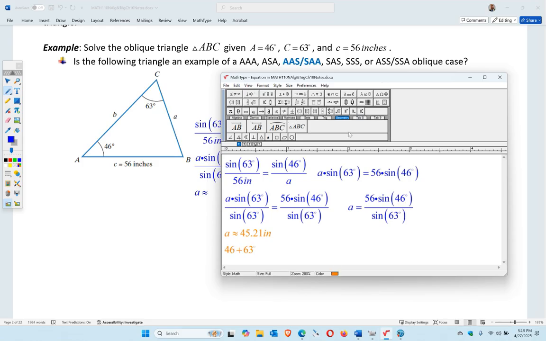The whole triangle is 180, so 180 minus those will give me, let's see, that's 109. If I subtract that, I will get 71, which is angle B, which is the other piece we need.